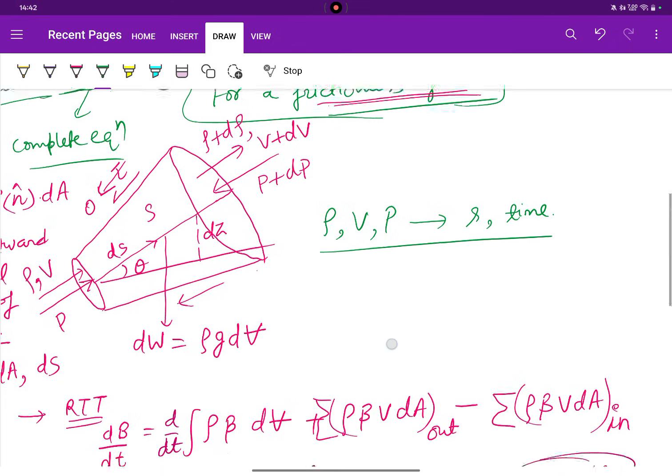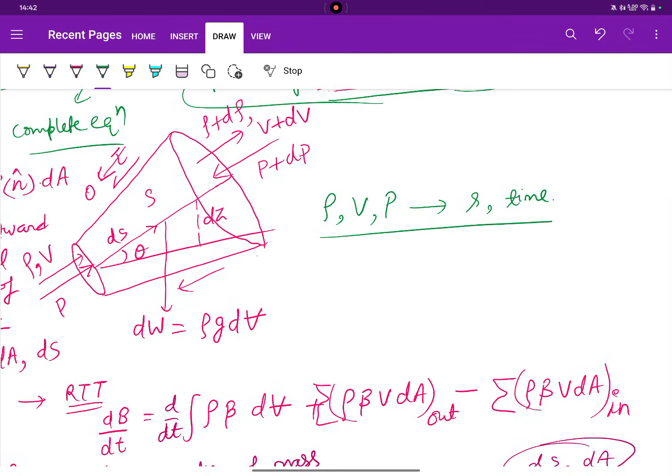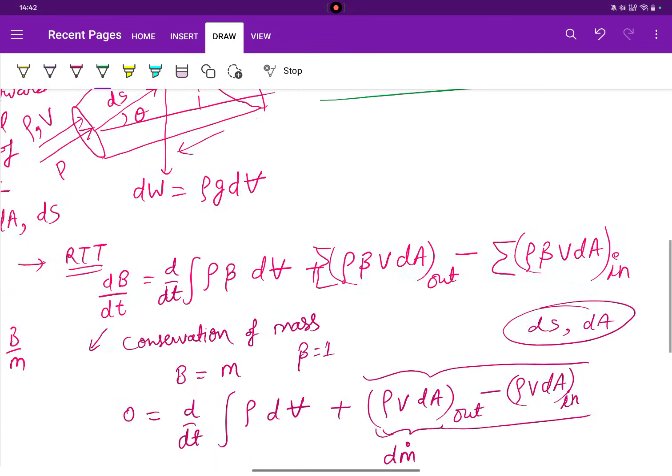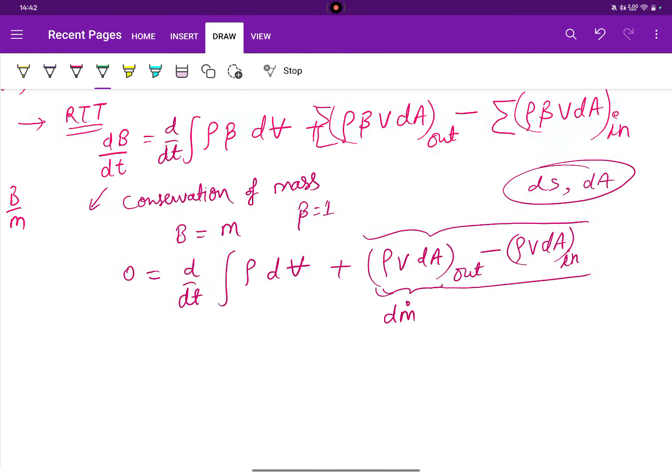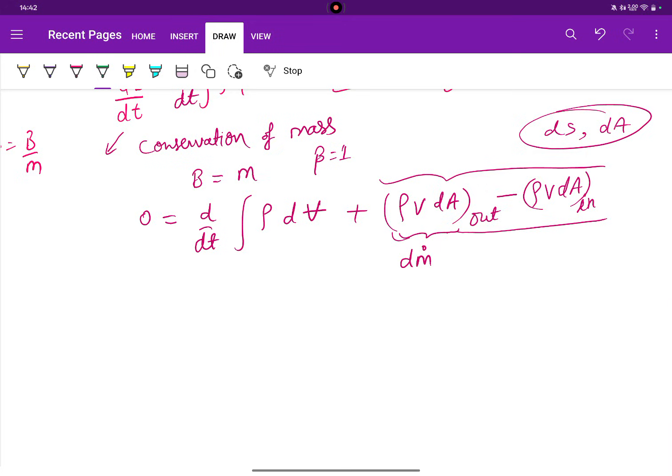But for a small element, for a given cross section, this can be the same. Of course with respect to time it will vary, but for a given cross section I can take this rho out and it will become partial, because it also depends on s.